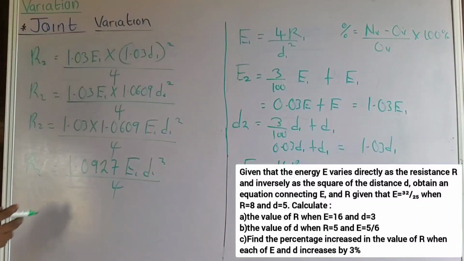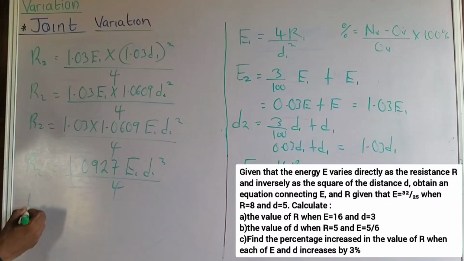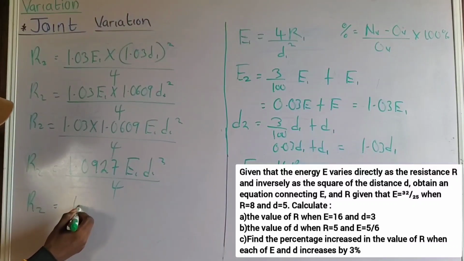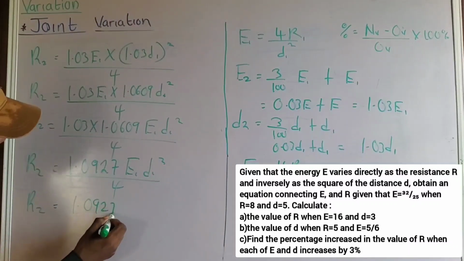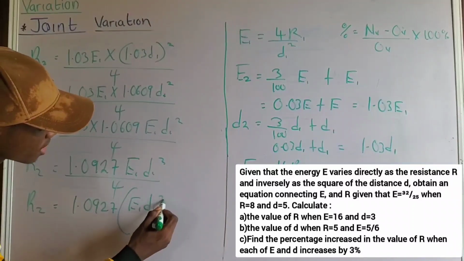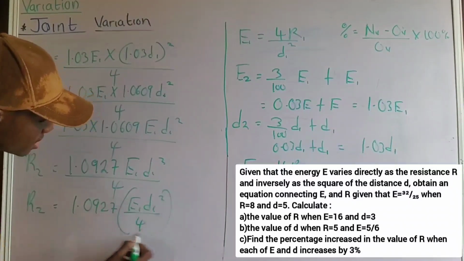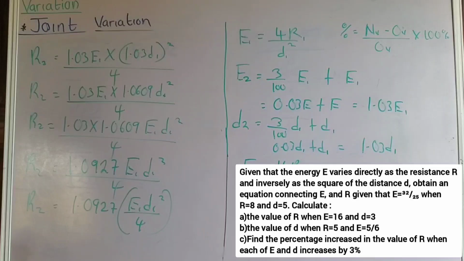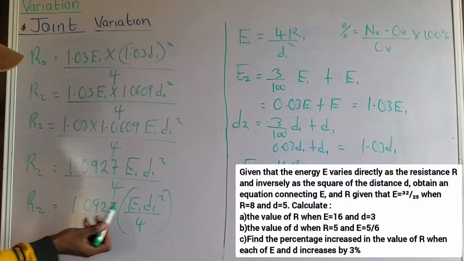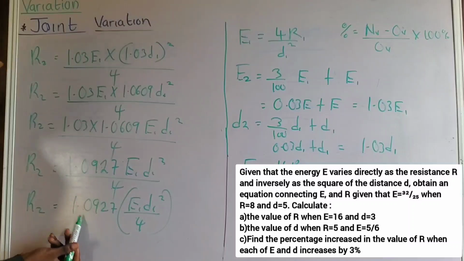I can rewrite R2 as 1.0927 multiplied by E1 D1 squared all over 4. If I multiply this by this, I'm still going to have this, and the 4 will also become the denominator.